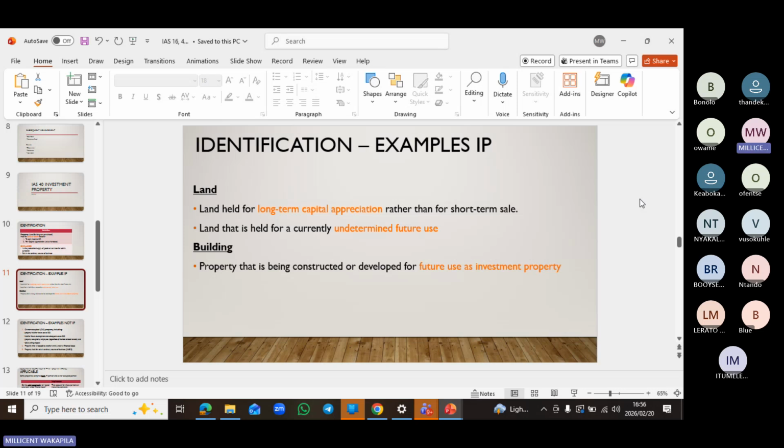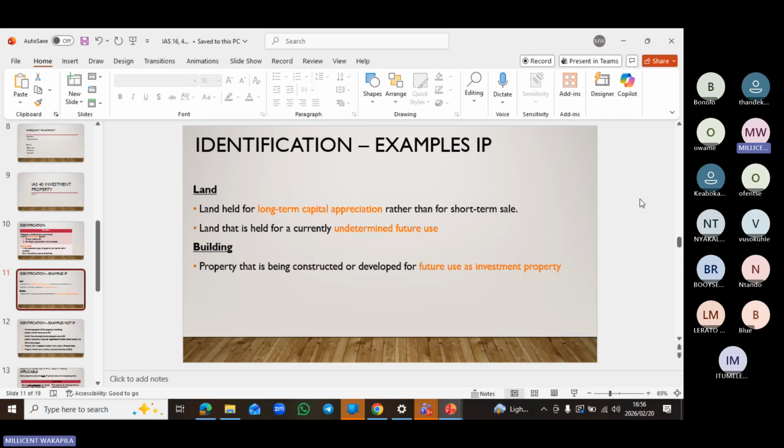I hope it's clear. It cannot be classified as owner occupied, which is PPE, but it can be classified as investment property if they don't really know what they want to use the land for. Undetermined future use, they don't know. For that reason, it is investment property. And then the building that is being constructed or developed for future use as investment property.